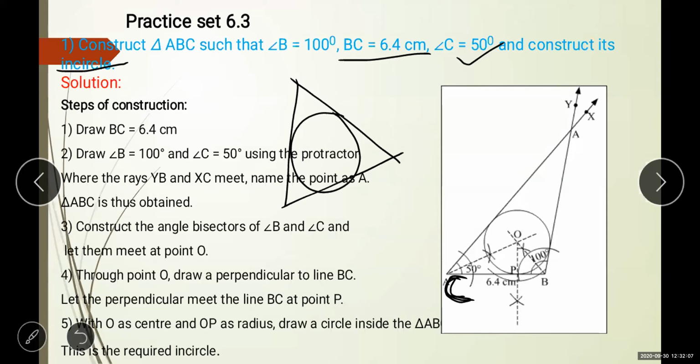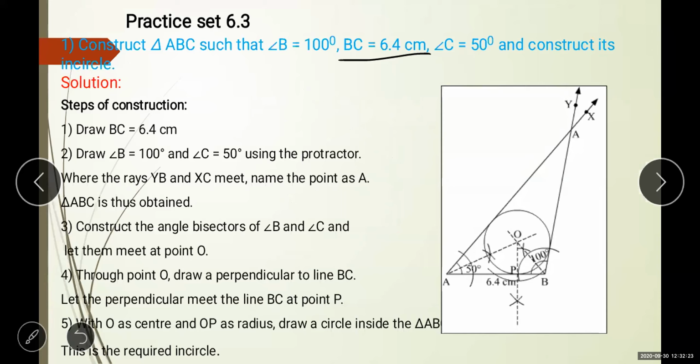If C is given, take 50 degrees, then B is given as 100 degrees. You can do it as you wish. If you want to write BC, you can draw BC here, then take angle B, take angle C as you wish. I hope you can do this because these are very basic things.